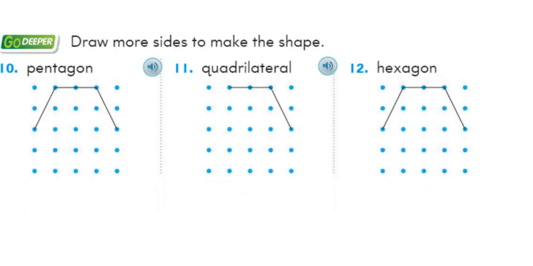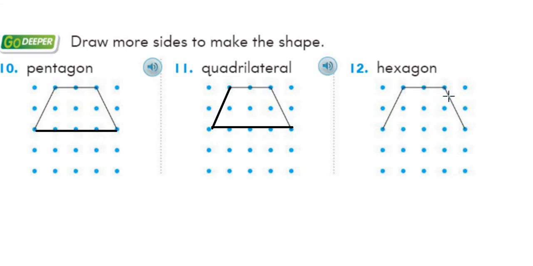Okay. So it says, draw more sides to make the shape. And if I had a ruler, I would for sure use it because I am not very good at drawing straight lines. Hopefully this thing will help me here to make a pentagon. Okay. And then a quadrilateral, it has to have 4 sides. And you may not draw yours the same as I do.